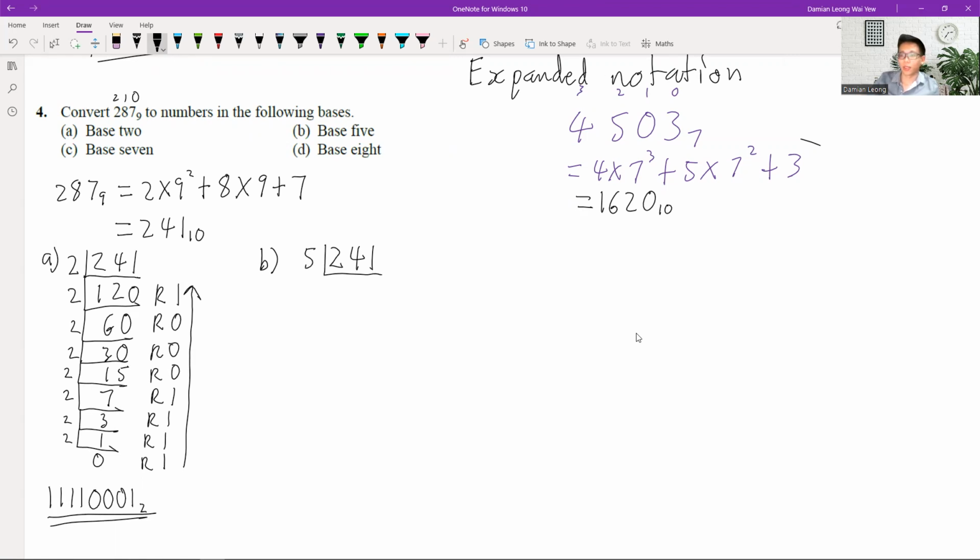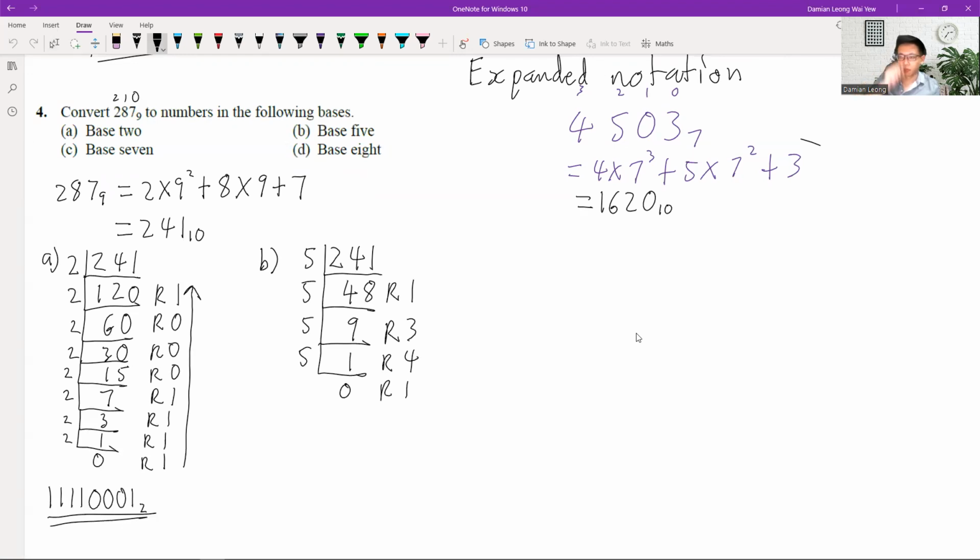So 241 divided by 5 is 48, remainder of 1. Divide by 5 again, 9, remainder 3. Divide by 5 again, 1, remainder 4. Divide by 5, 0, remainder 1.